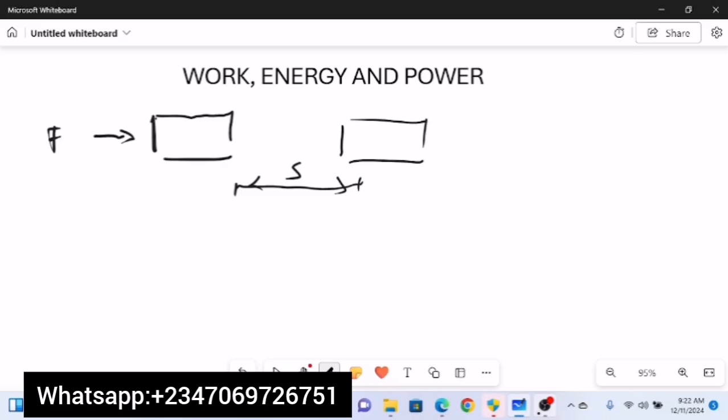Now, what is the work done? Work done is simply going to be the product of the force and the distance covered by the object. So mathematically, work done is simply equal to force multiplied by distance covered.